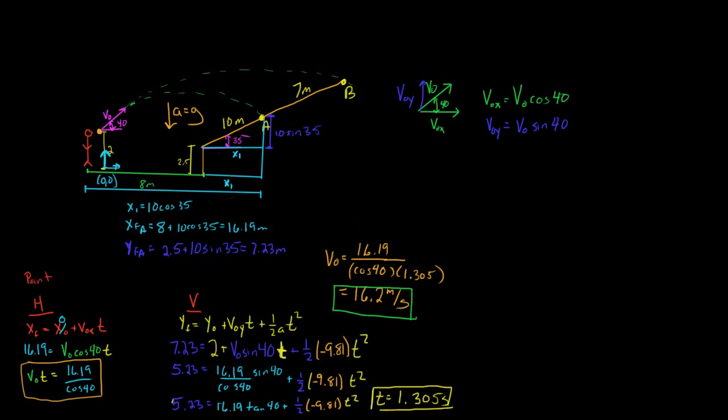let's do it. So, how far away is B from our initial point? Well, B is going to be this 8 meters plus from here to here, and this distance right here is going to be 17 times the cosine of 35, because it's this 10 meters plus this 7 meters.